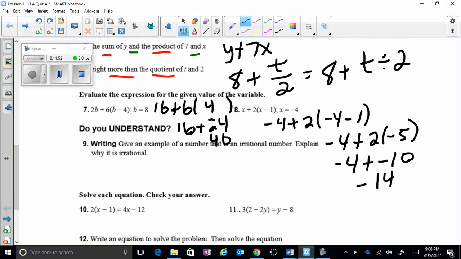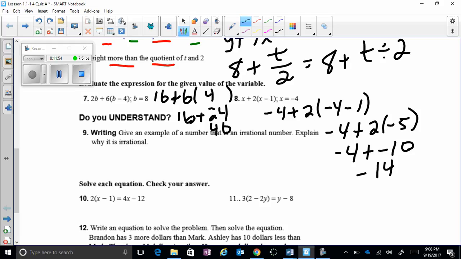Number 9, you're going to give an example of a number that is an irrational number, and then explain why. So the main examples that I would have for here, most common is pi, but also all the roots that are not perfect. So square root of 2, square root of 3, square root of 4 I'm not going to do because that would be 2, so that comes out nicely.